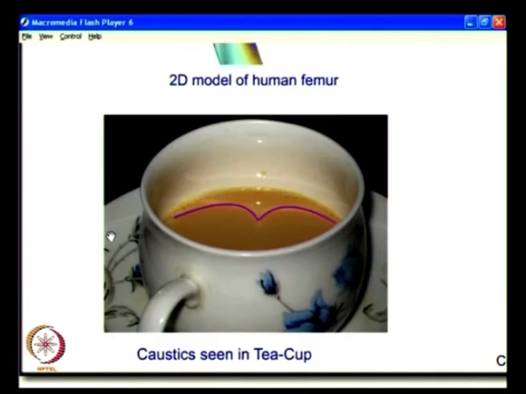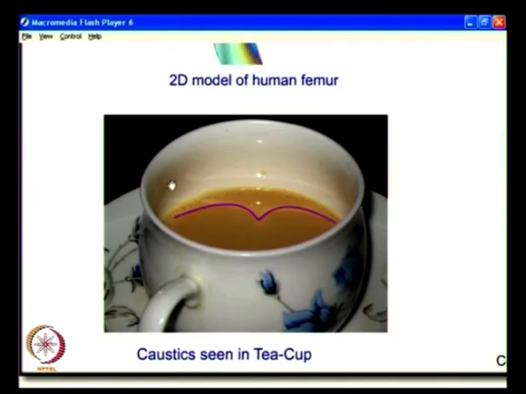So, what is done is, any physical information which could be exploited for measurement is identified, and that is translated into an experimental technique. And what you see here is a cusp in a teacup, and this you see as a silver line.